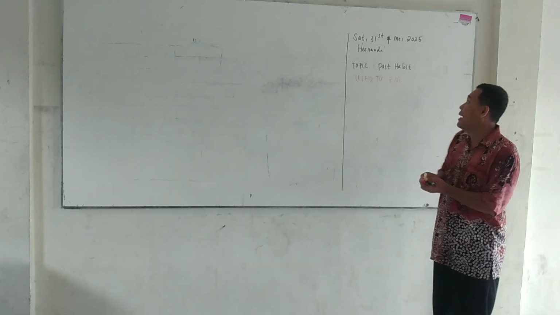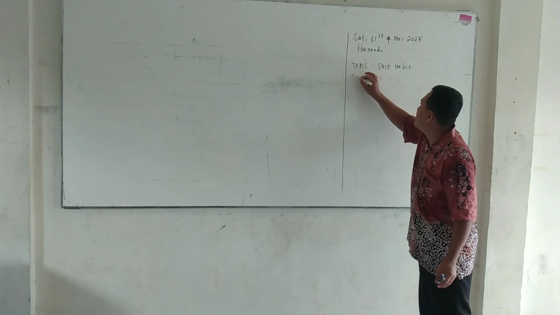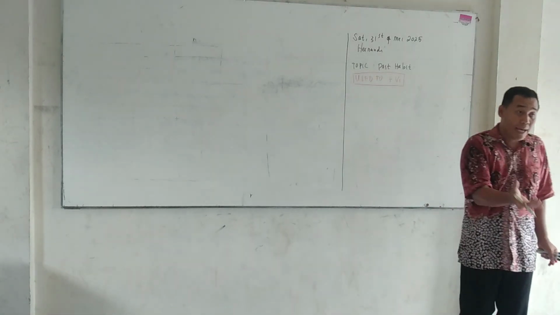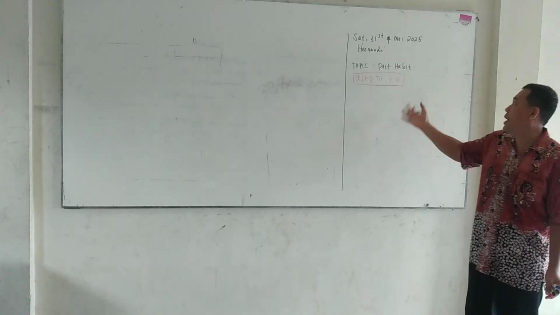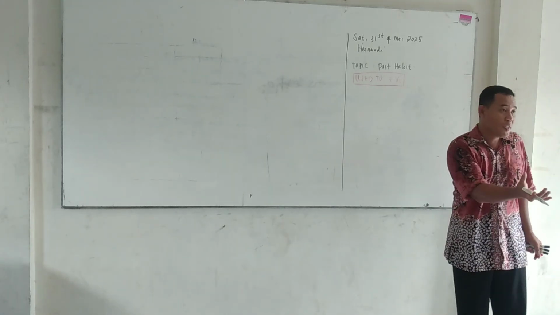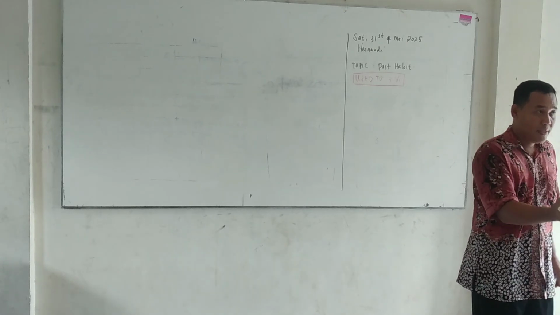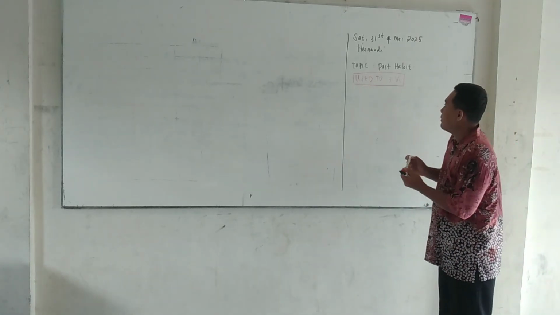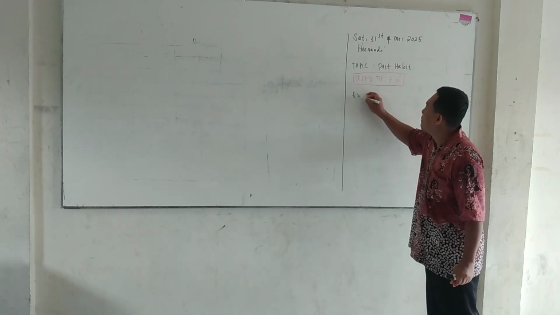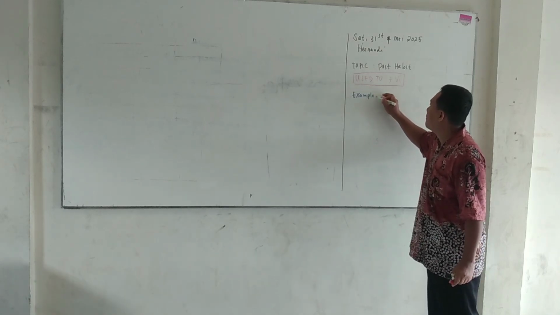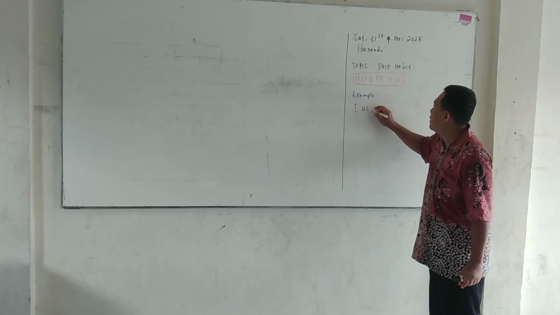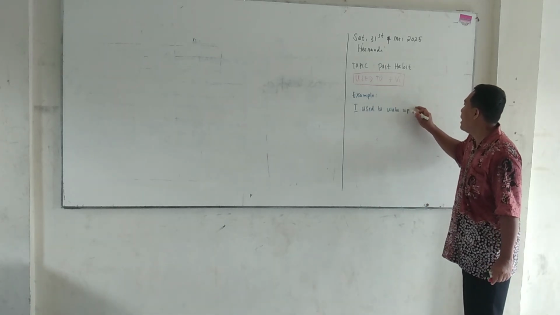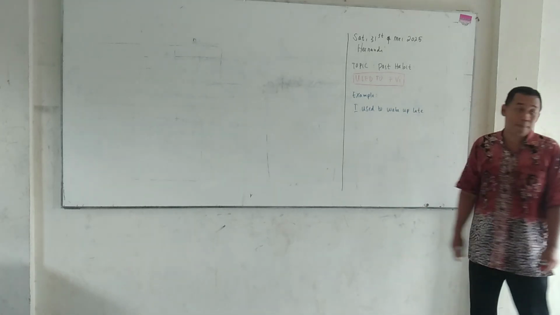So this is the form. If you like to talk about the past habit, the simplest way is by using the expression used to plus verb one. And the example is this one: I used to wake up late.